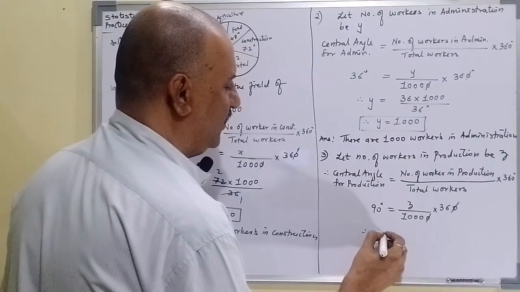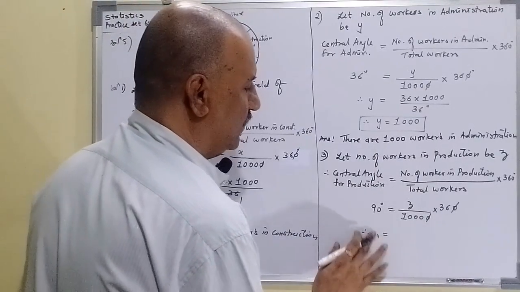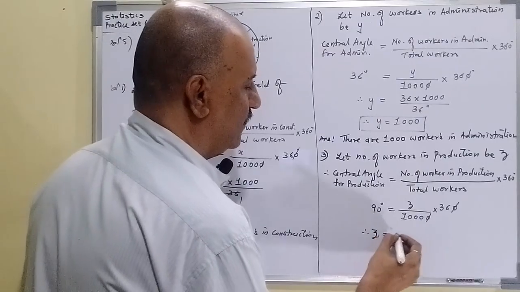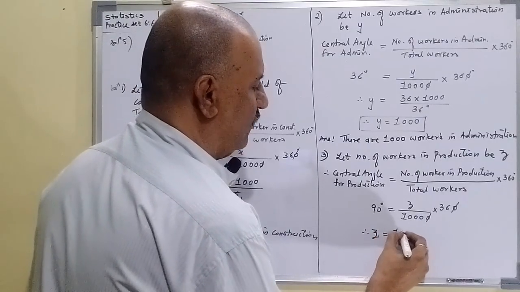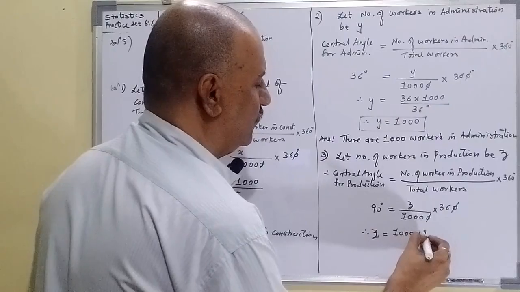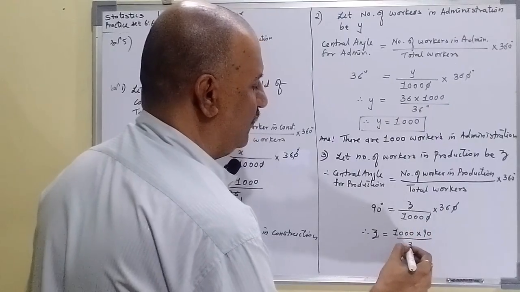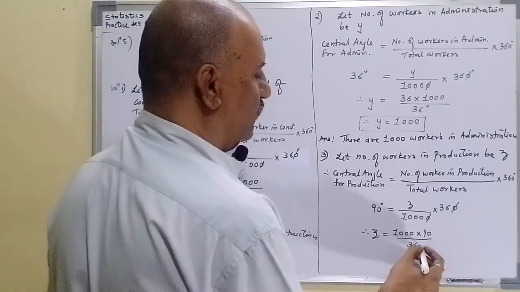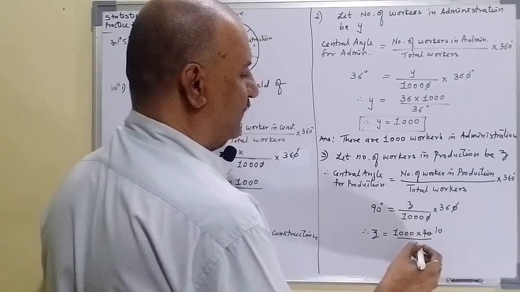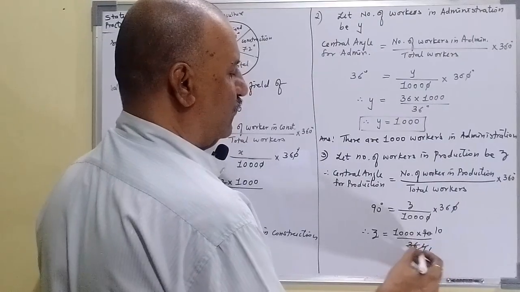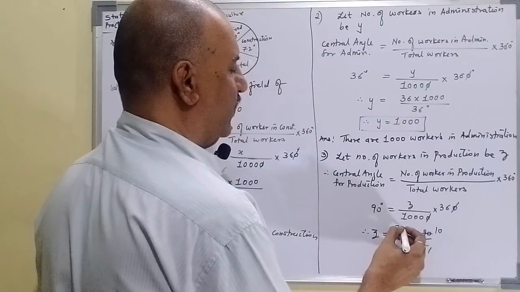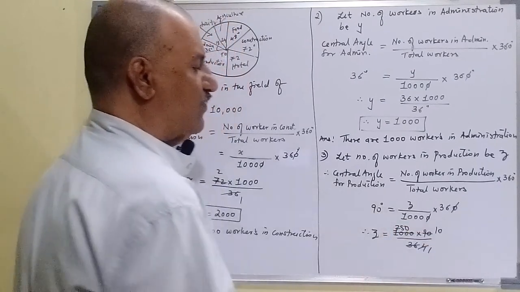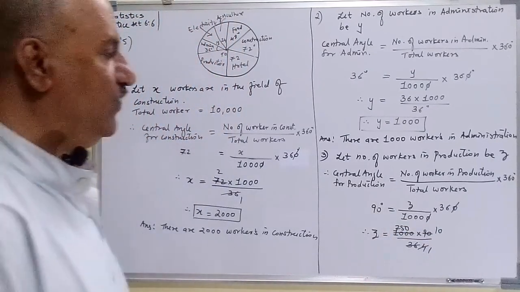So Z will be equal to 1000 into 90 अपॉन 36. तो लाइन का टेबल देखो, 9 10 जा, 9 4 जा, 4 1 जा, 4 25 जा, 4 25 जा 100 and then 0.